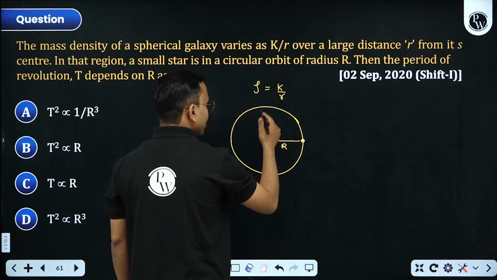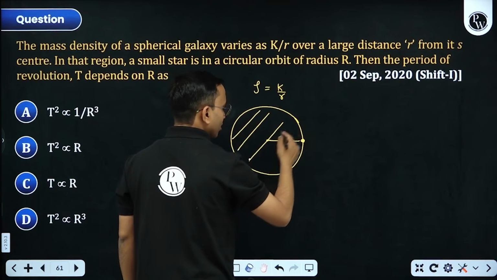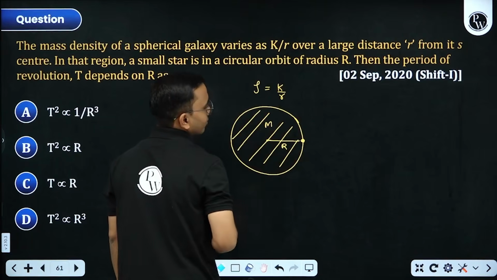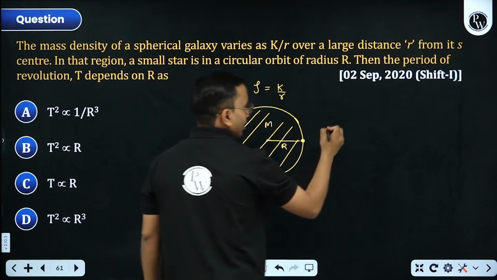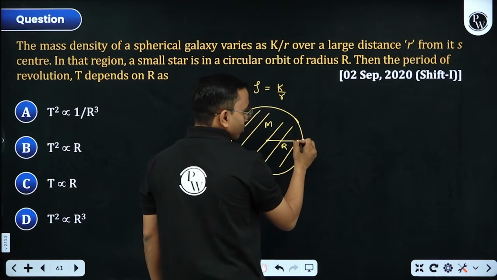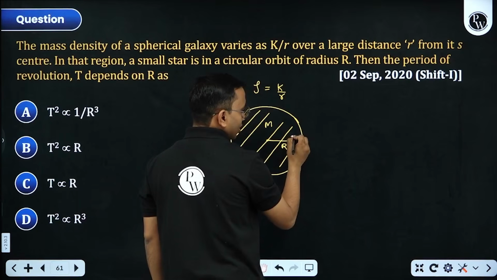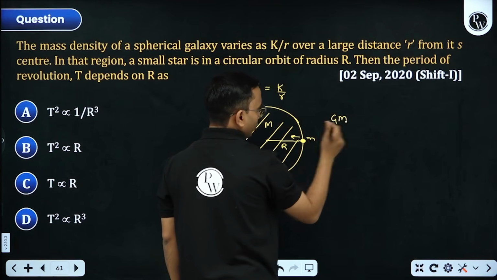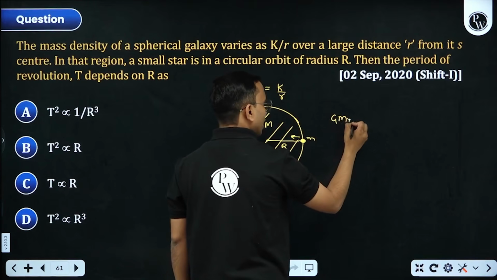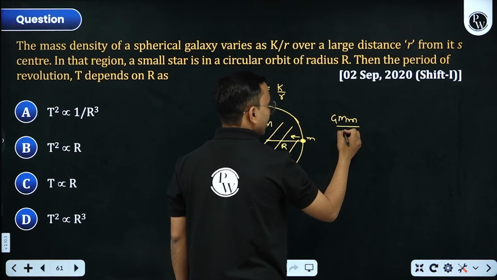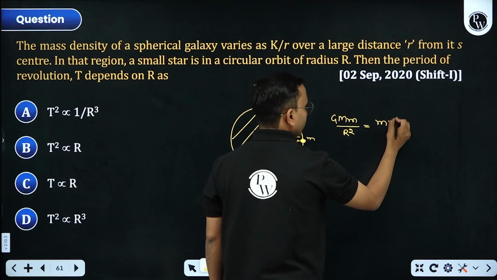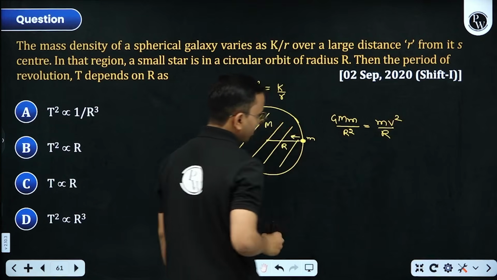Now inside this region there will be mass. Let us take that mass is m. The force on this small star in this direction, how much will it be? That is G into the total mass inside into the mass of this small star divided by r square, and this is m into v square by r.